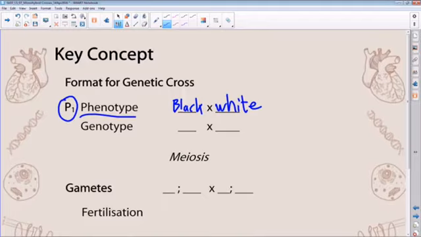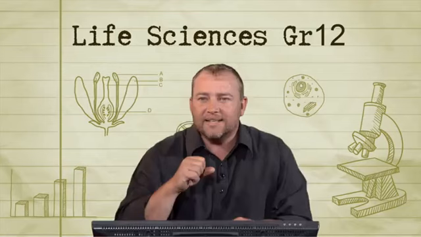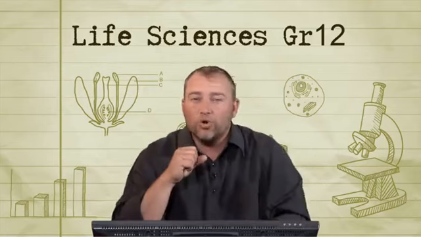Okay, now, this is where it becomes very, very important, okay? If they do not tell you which letters to use, you may use your own, okay? But I want you to think about this very carefully. You always try and take the dominant letters for both dominant and recessive, except when the capital and the small letters look the same.